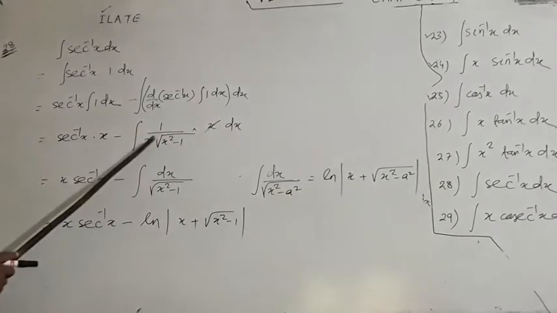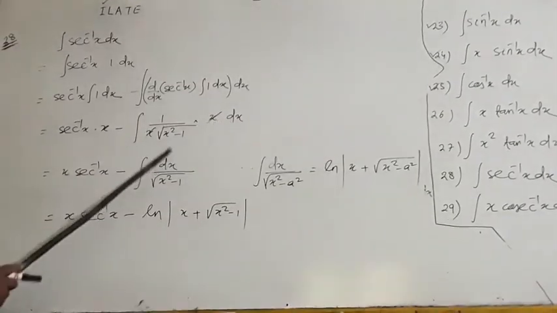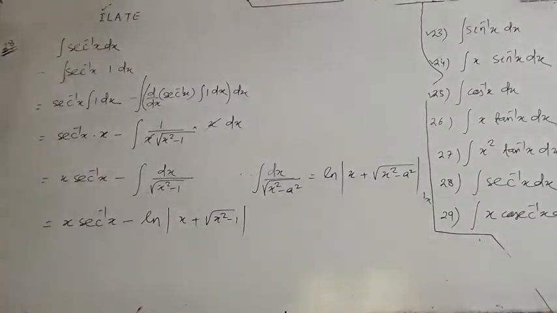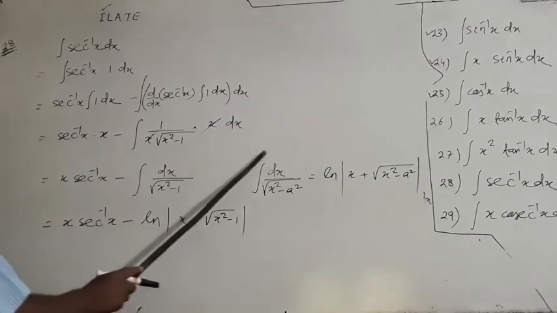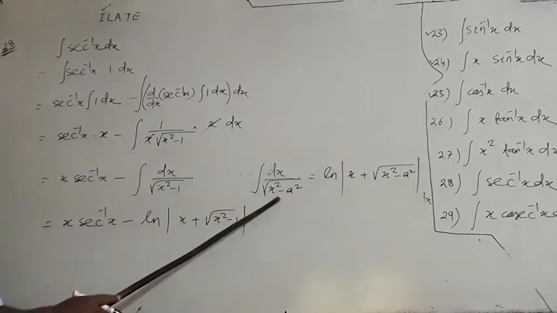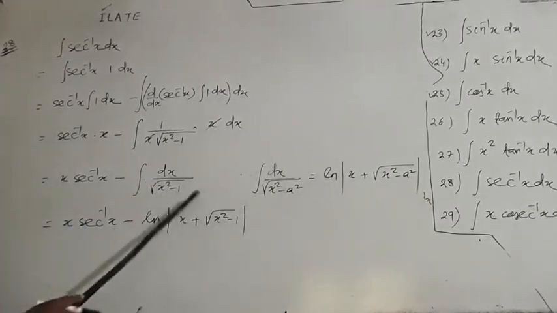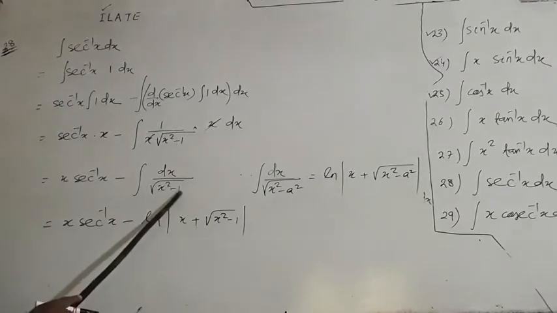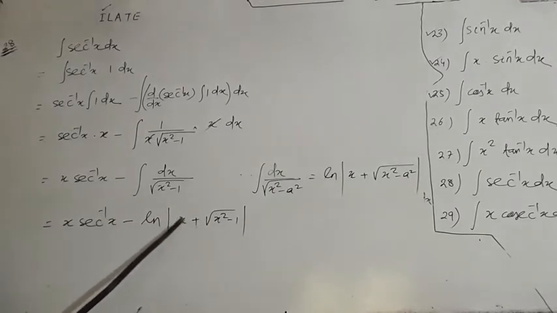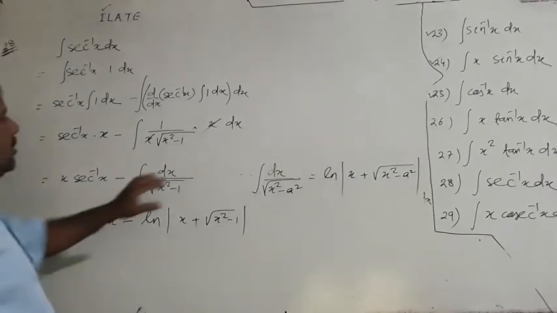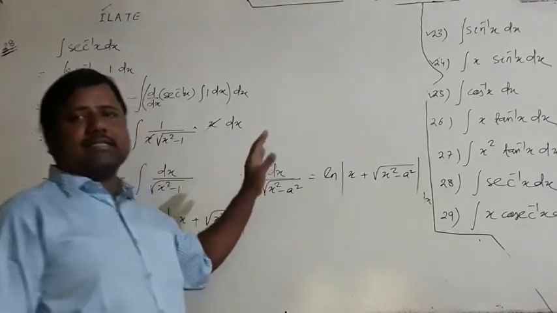1 by x into root over x square minus 1, into integration of 1 dx, that is x. Now they cancel, it becomes dx by root over x square minus 1, and the formula you know, it is dx by root over x square minus a square. You have to remember, it is ln x plus root over x square minus a square. Now in place of a square I am writing 1. It is ln x plus root over x square minus 1. I have told you at that time there are 7 formulas.